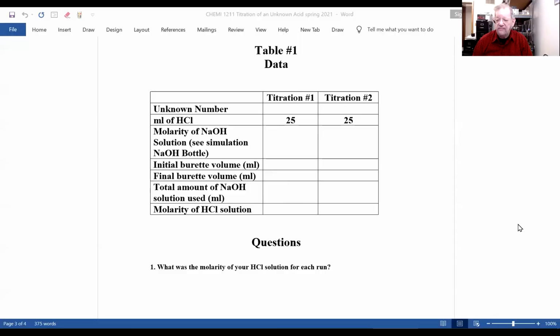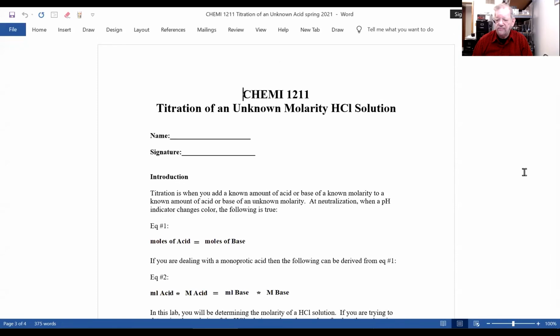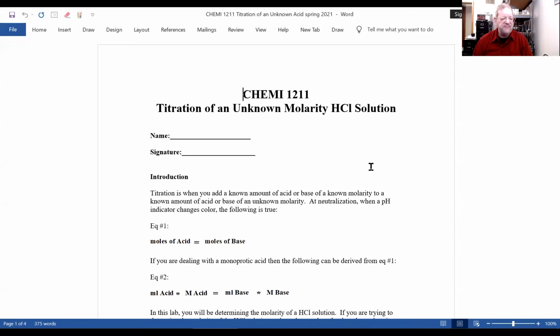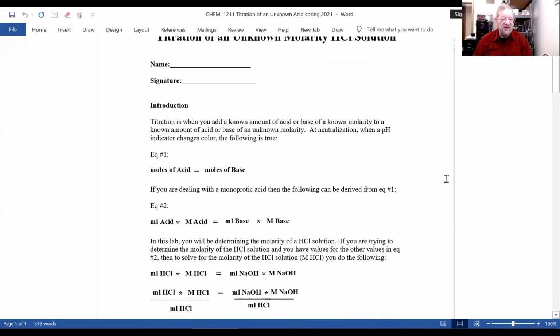And today's lab deals with acid-base titrations. Everybody see acid base or titration of an unknown? Okay, thank you.